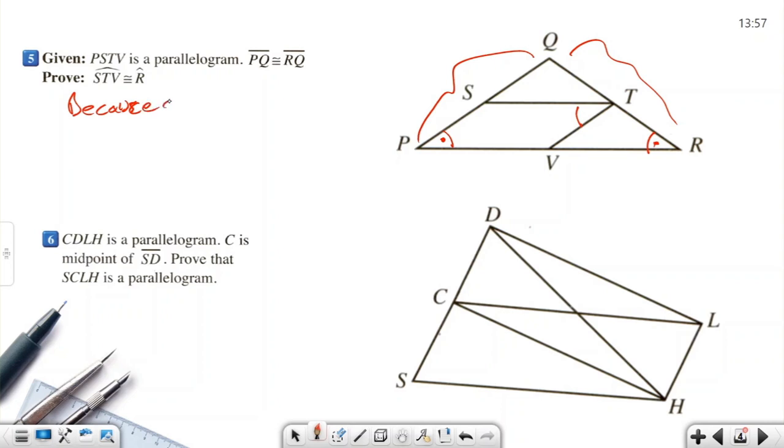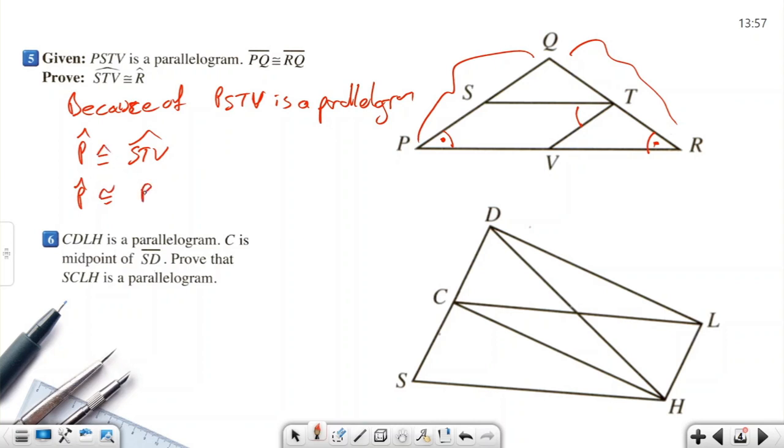But I know because PSTV is a parallelogram, angle P is congruent with angle STV.